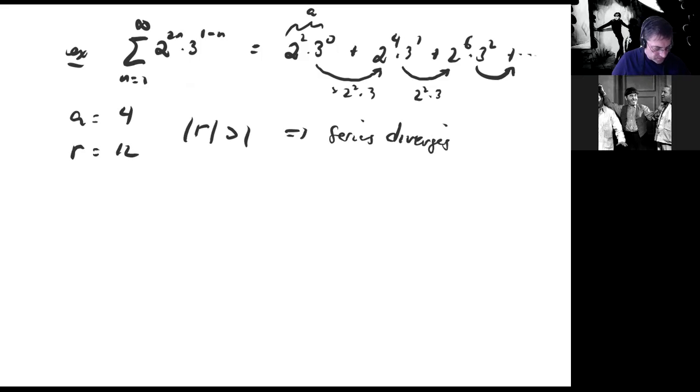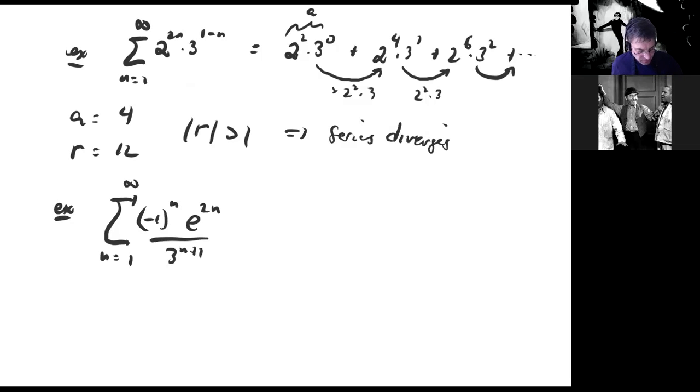Here's another one. Suppose we look at the sum, n goes from 1 to infinity, of minus 1 to the n times e to the 2n, where e is the base for the natural logarithms, over 3 to the n plus 1 power. So let's start writing the first few terms.